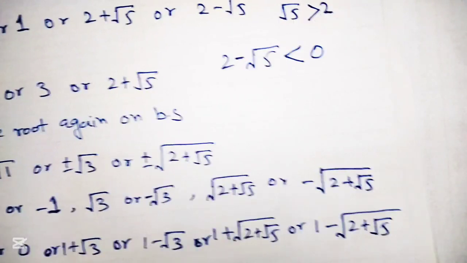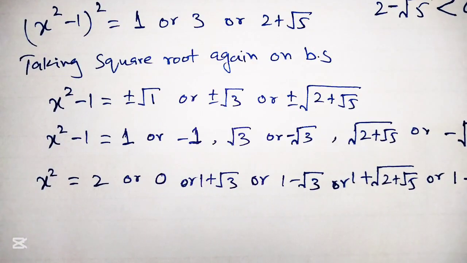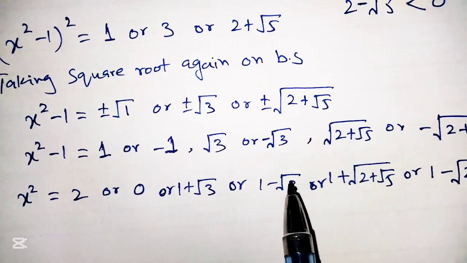So these are the values we obtain after taking this minus 1 toward the right hand side.